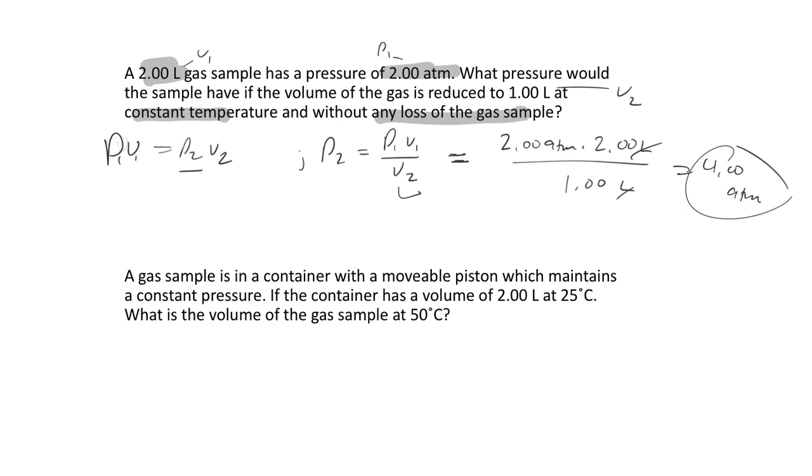Now, the next question becomes maybe a little trickier, because we have to come back to thinking about absolute temperatures. If you look back at the previous slide, notice that we want to start with a temperature that doesn't flip negative. If you look at the graph of V versus T, if temperature changed to a negative number, our graph would look kind of funky.